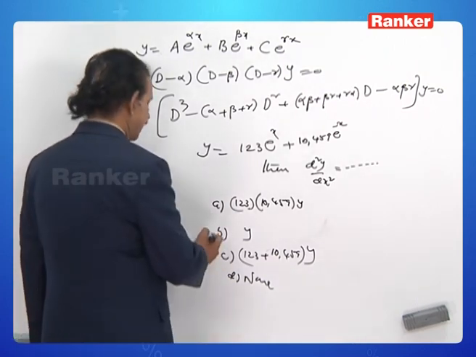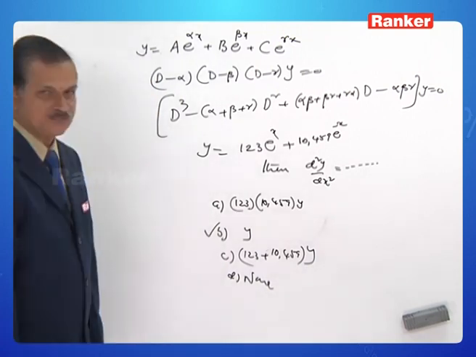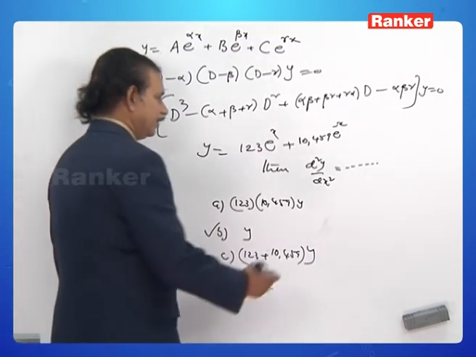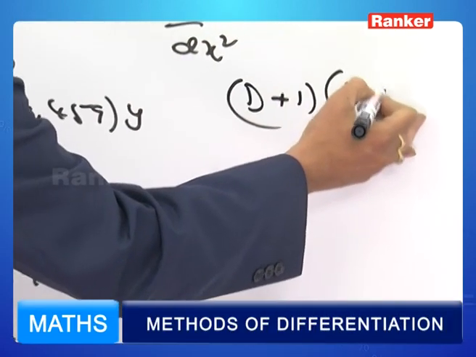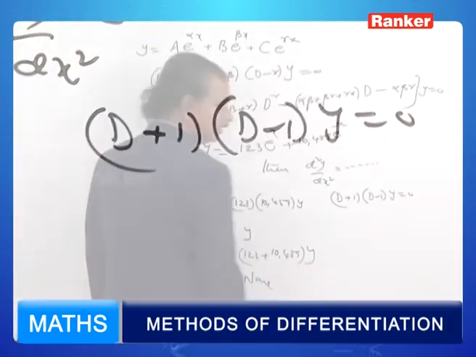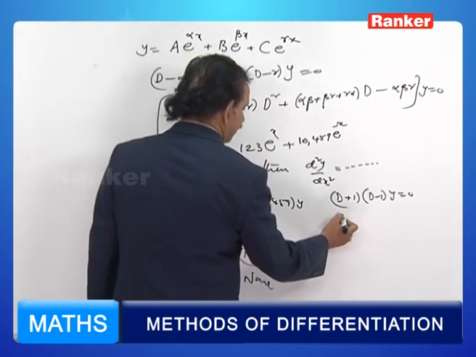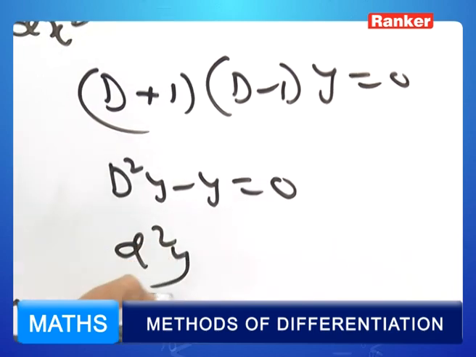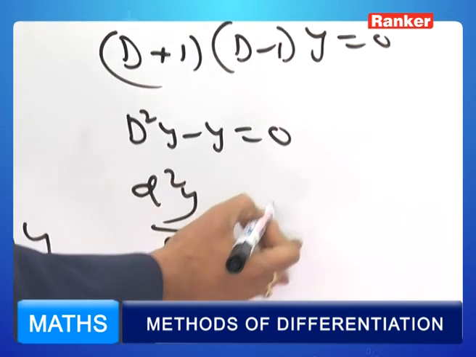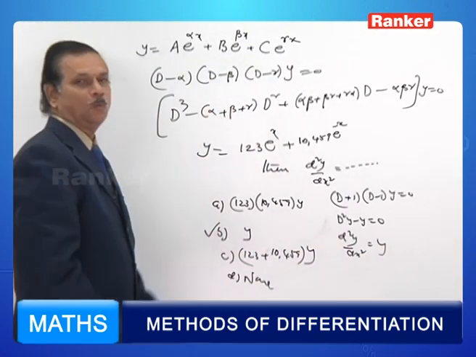How? (d plus 1) into (d minus 1) of y is equal to 0. That is d square y minus y is equal to 0. That is d square y by dx square is equal to y.